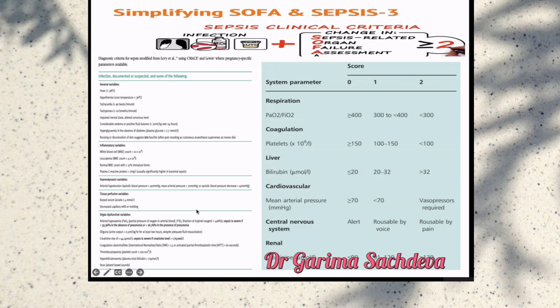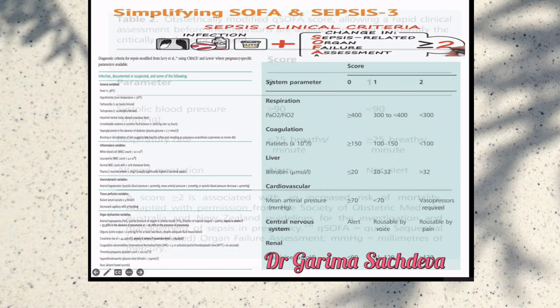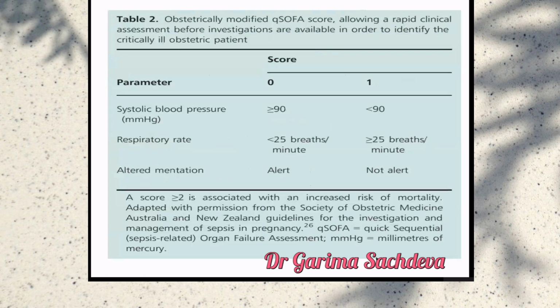This you have to remember. I'll be discussing more about lactate because questions have been asked on this point. Decreased capillary refill, organ dysfunction in terms of oliguria, creatinine, thrombocytopenia, this we have already studied. So this is how you call the patient to have sepsis or not.